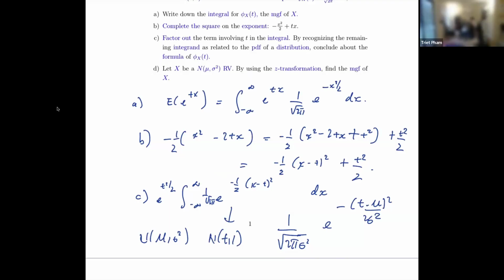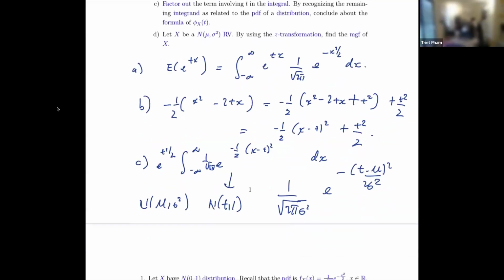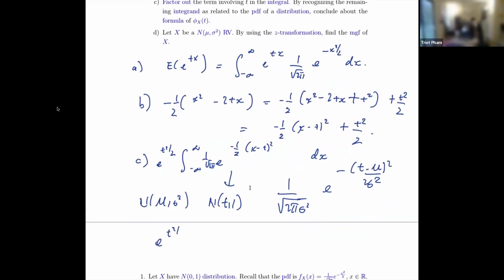So if it's a PDF of a normal, then the integral will be 1. So the final answer here is e to t squared over 2, which is the moment generating function of a standard normal. Right, any question?